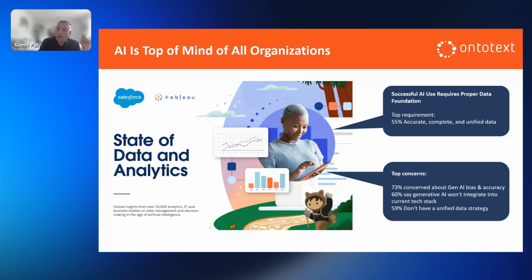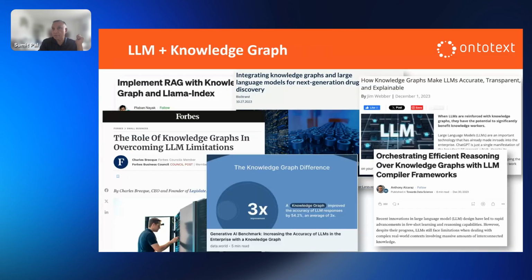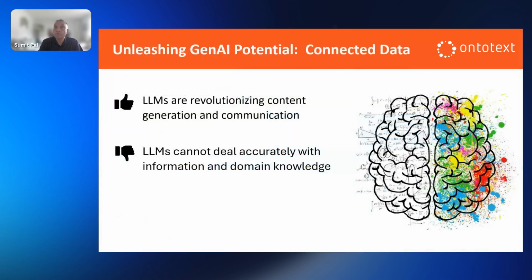It can be quickly pointed to the original source document. We have also seen a lot of news in the last 18 to 20 months, since ChatGPT burst on the scene, about how LLMs can be leveraged with knowledge graphs. It's a symbiotic, synergistic relationship between LLMs and knowledge graphs, and we'll see examples of that.